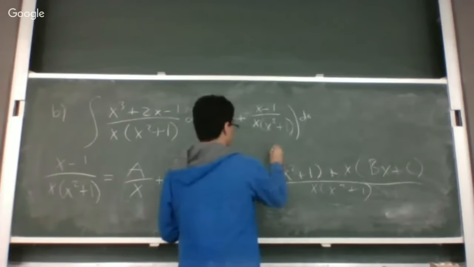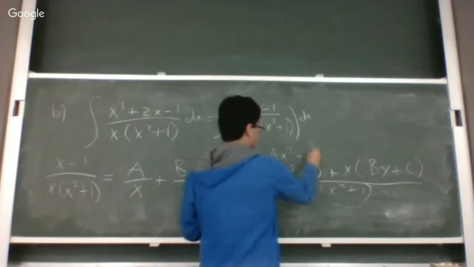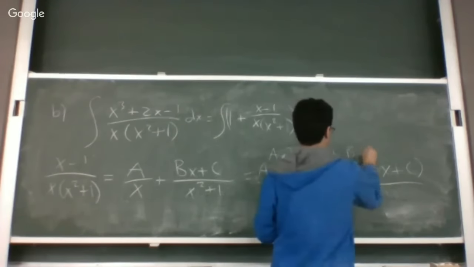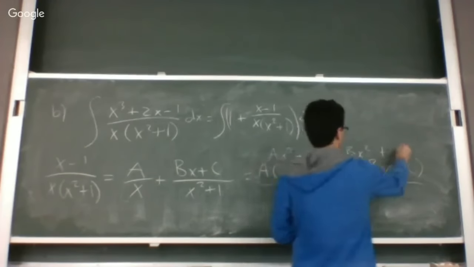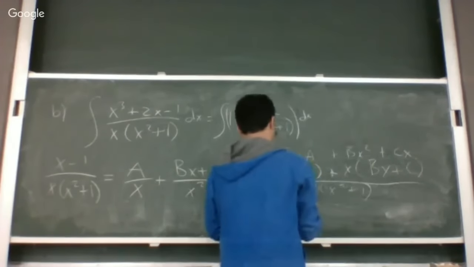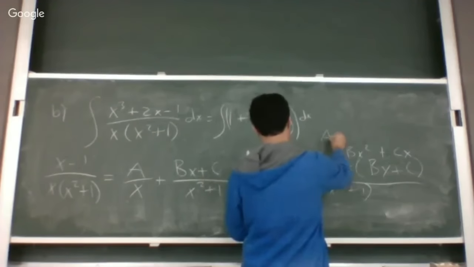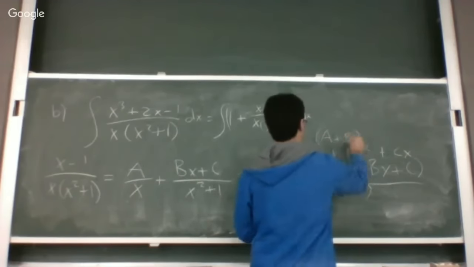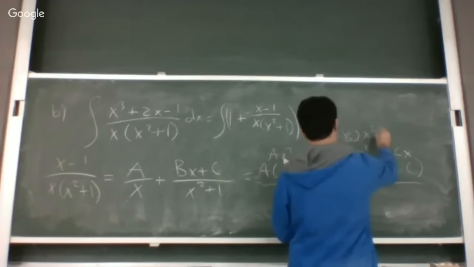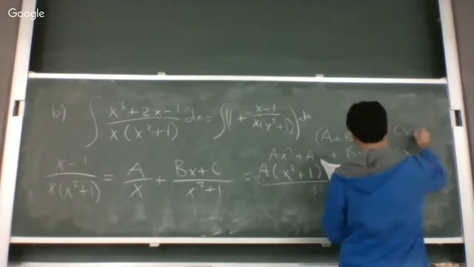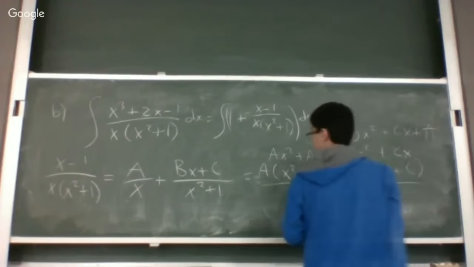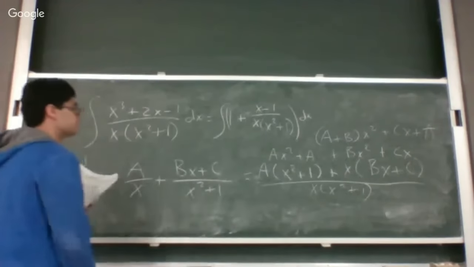If we multiply this out, we have ax squared plus a plus bx squared plus c times x. That's equal to a plus b times x squared plus c times x plus an a. Good.